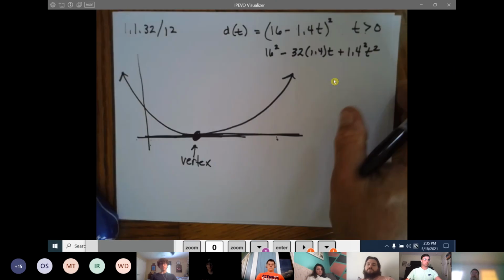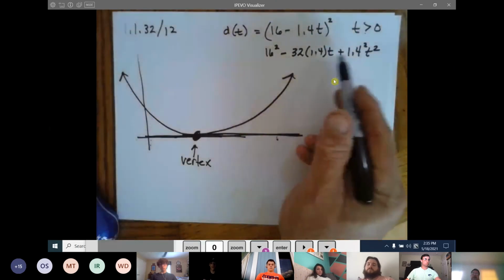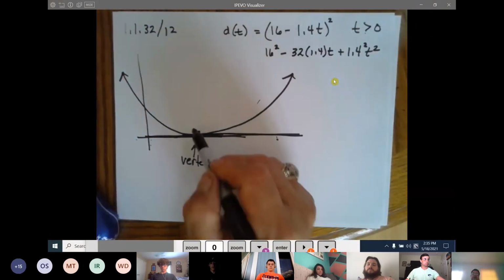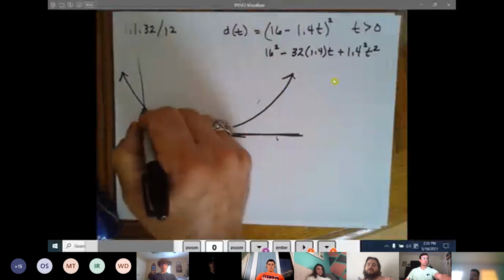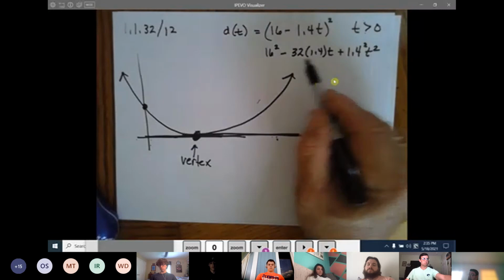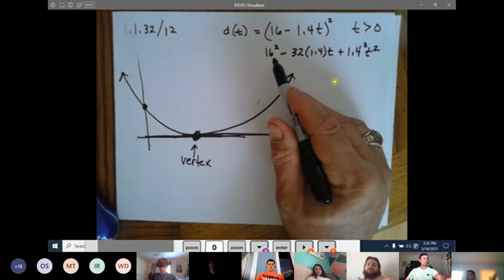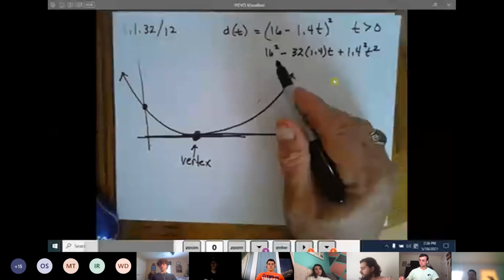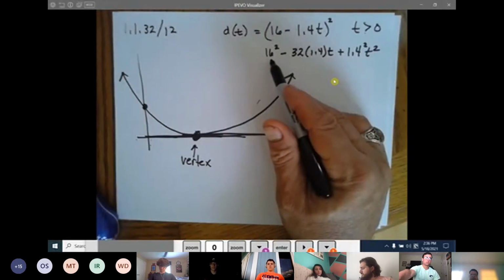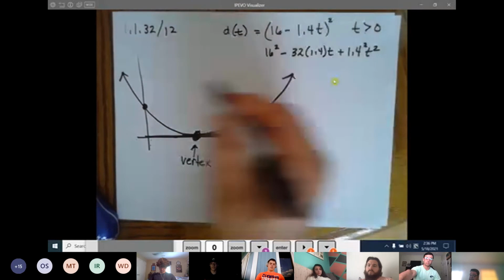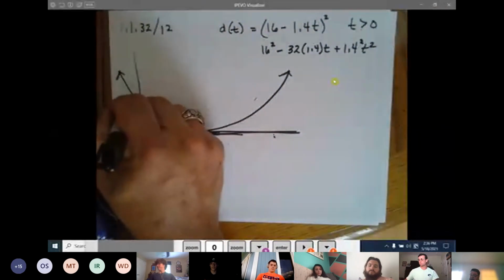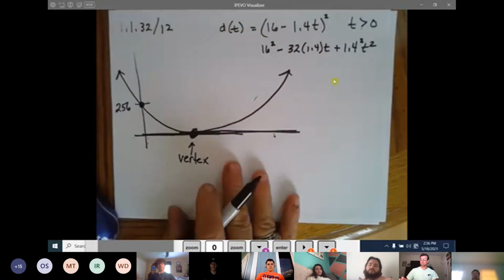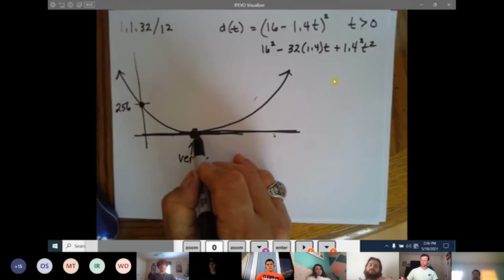Or I could just use the graph and find this vertex. What is 16 squared, y'all? 15 squared is 225. Is it 256? Somebody check. What's 16 squared? Yes, sir. 256. So you know the y-intercept is 256. And we know that the vertex is when basically it's drained out. So you got to find that vertex.